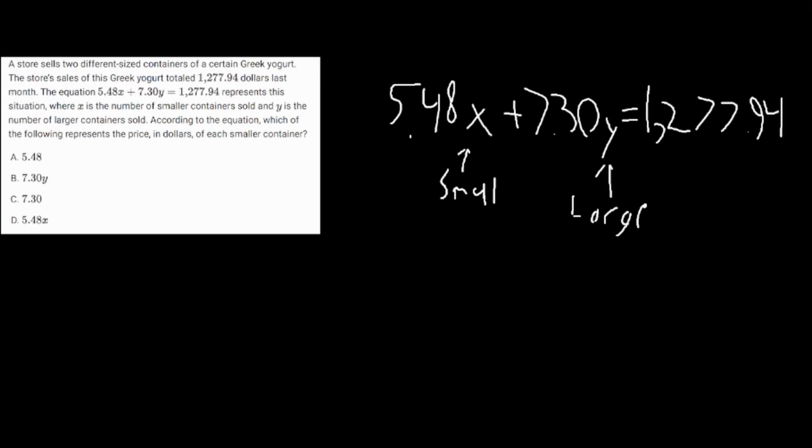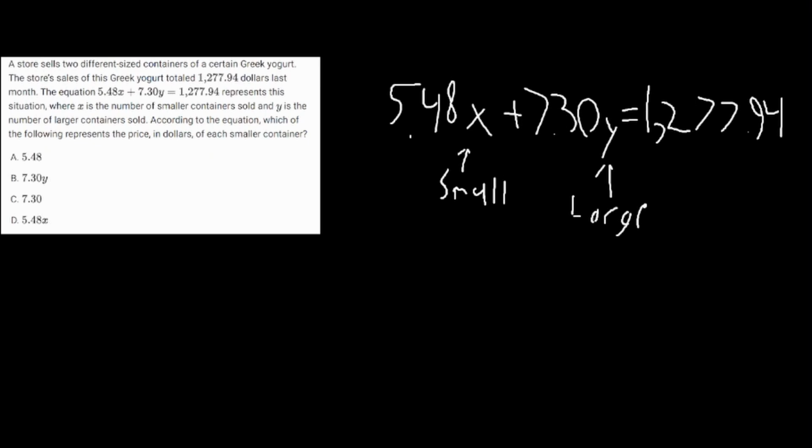So, it is asking us that, according to the equation, which of the following represents the price in dollars of each of the smaller container. So we know that x is the amount of small containers, and it is being multiplied by 5.48, so that's the slope for x.